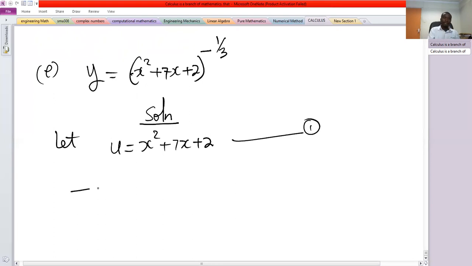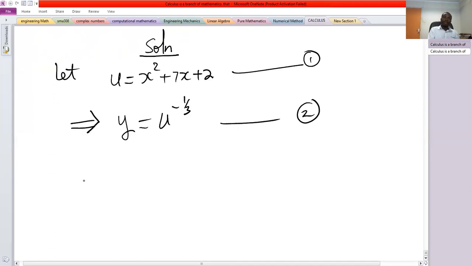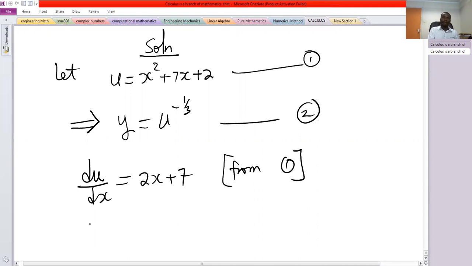Which means y will be u raised to minus a third. Call this one equation 2. So du dx will be 2x plus 7. This from 1. And dy du is negative a third, u raised to minus 4 over 3.